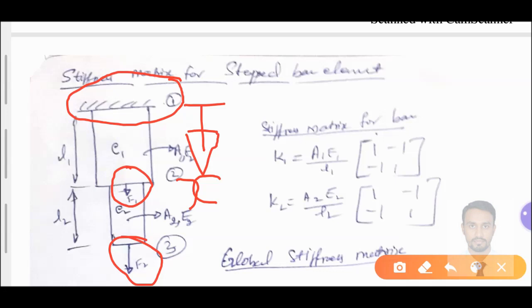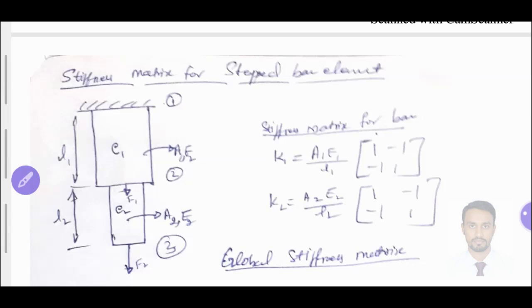Either horizontal or vertical is a secondary case, but to get the idea of the global stiffness matrix, we will use this vertical bar element which has two steps, representing along the x-axis.